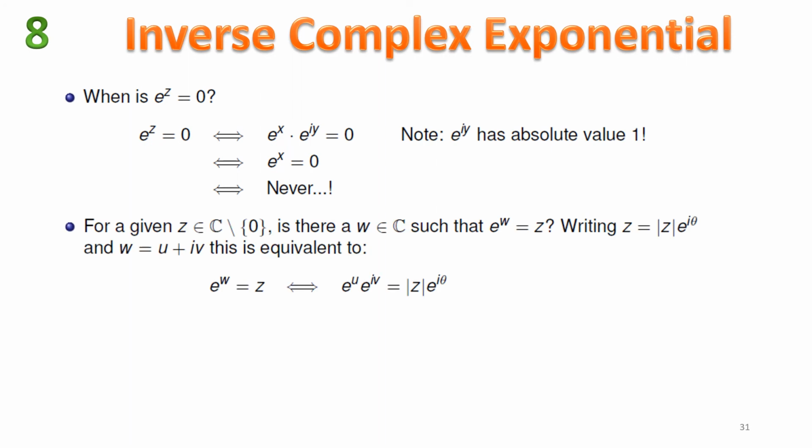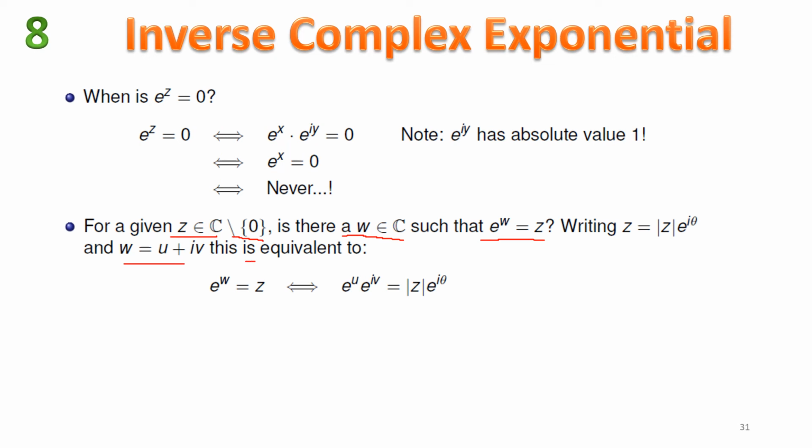Now for a given complex number z, which belongs to the set of complex numbers except 0, there is a w that belongs to the set of complex numbers such that e to the w is equal to z. Here we are trying to write the polar forms of both. So z we can write as mod of z e to the i theta, and w is equal to u plus iv.